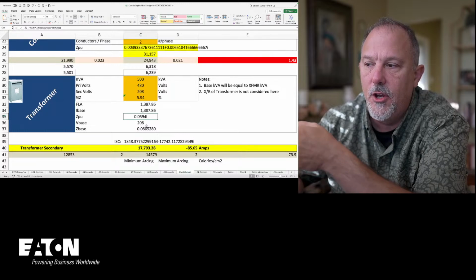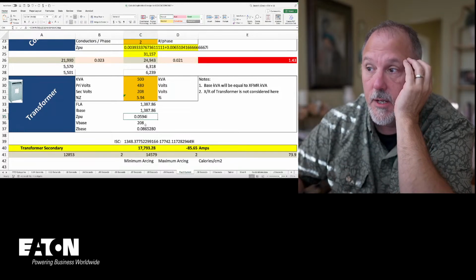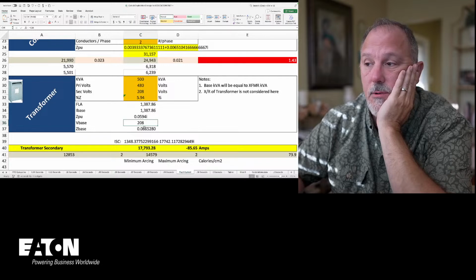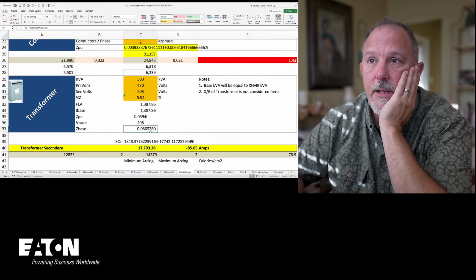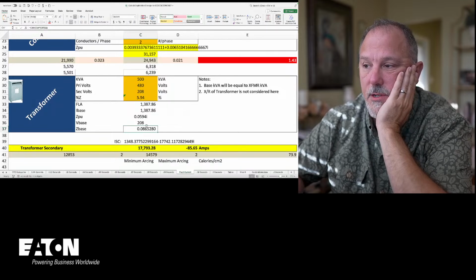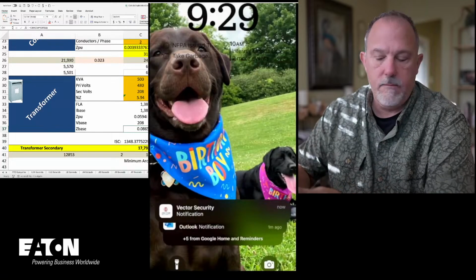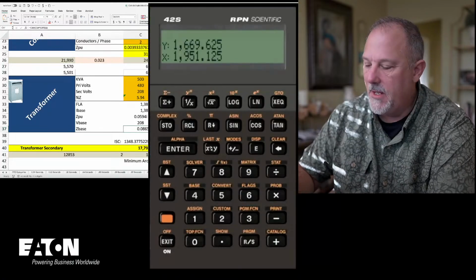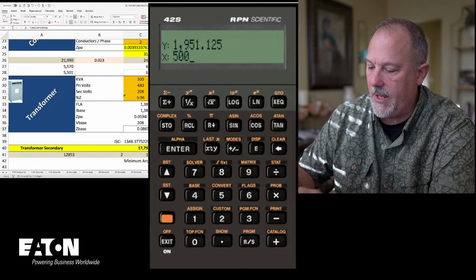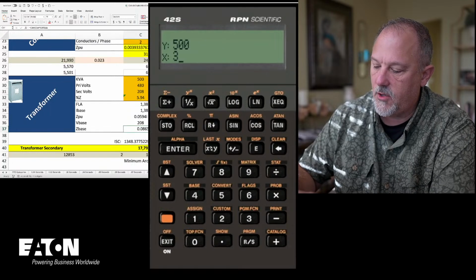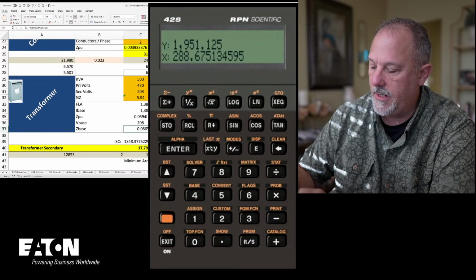I didn't do a real and reactive component. My secondary base is 208 line to line. My Z base for the secondary is my 208. Remember, it's 500 kVA divided by the square root of 3, divided by 0.208.